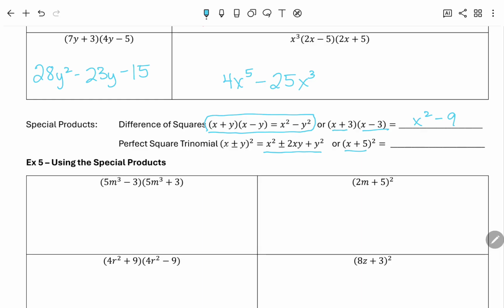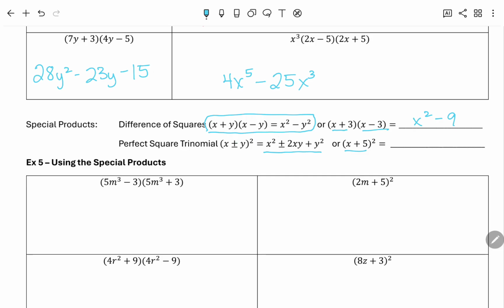So you could have a case where it's x plus y, and then your signs would be a plus and a plus. If you have a case where it's x minus y, then you would have x squared minus 2xy plus y squared. So whatever sign's on top corresponds all the way through, and then the bottom goes with each other.